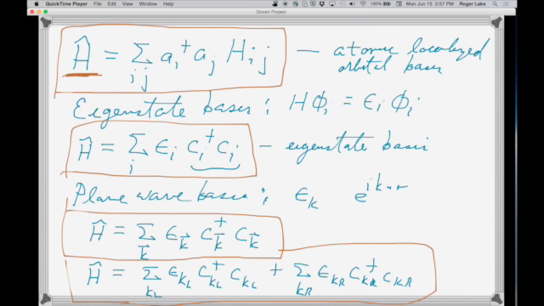So this is what this would look like in the scattering state basis, right? Because the scattering states are eigenstates of the single particle Hamiltonian, and this would be what the Hamiltonian looks like in your scattering state basis.